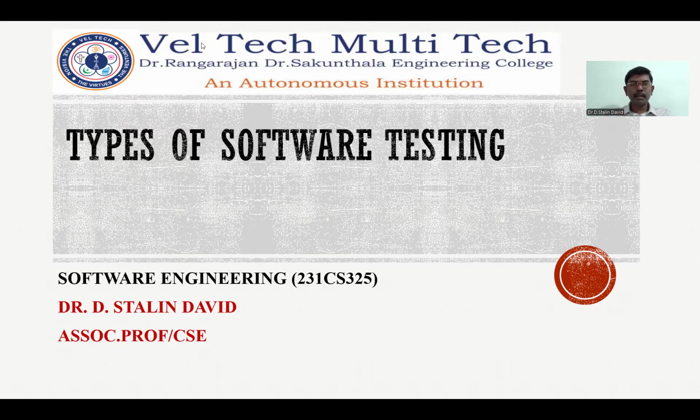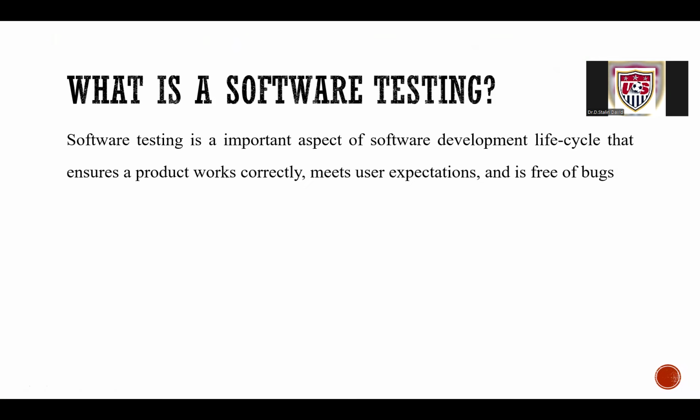Today, the topic is types of software testing. Software testing is an important aspect of the software development lifecycle that ensures the product works correctly, meets user expectations, and is free of bugs.